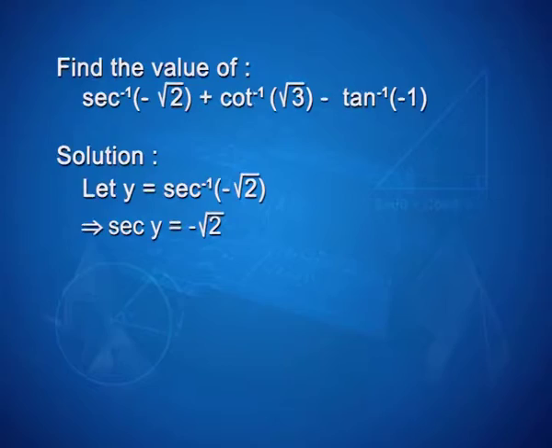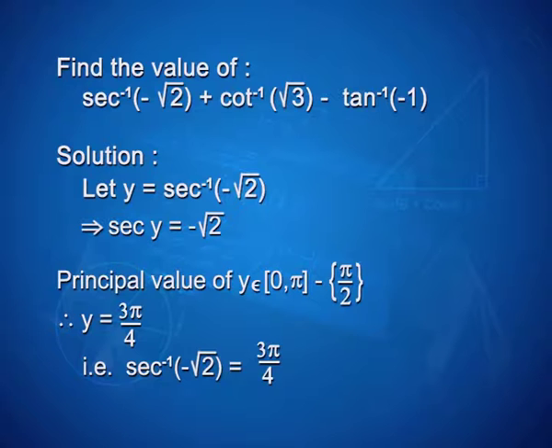Beginning with sec inverse of minus root 2. If I take y to be sec inverse of minus root 2, then by definition sec of y is minus root 2. Therefore, keeping the principal value branch in mind, y belongs to 0 to pi, leaving out pi by 2. So, which value of y would give me minus root 2?